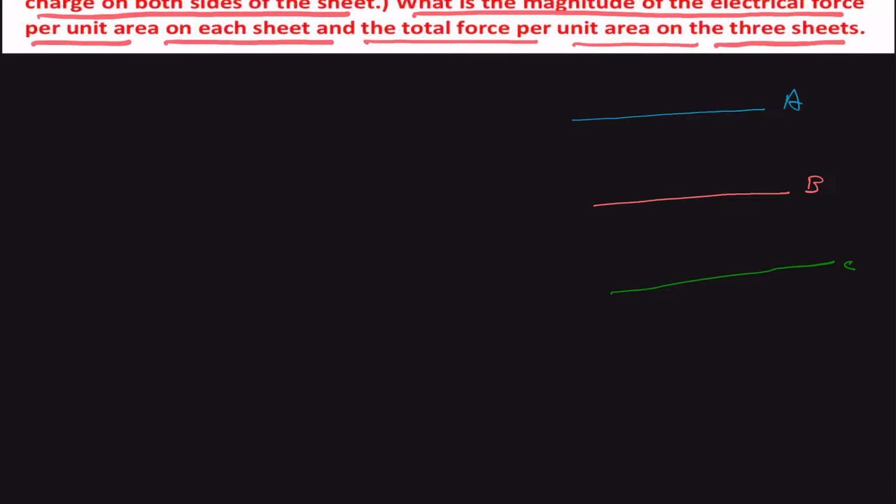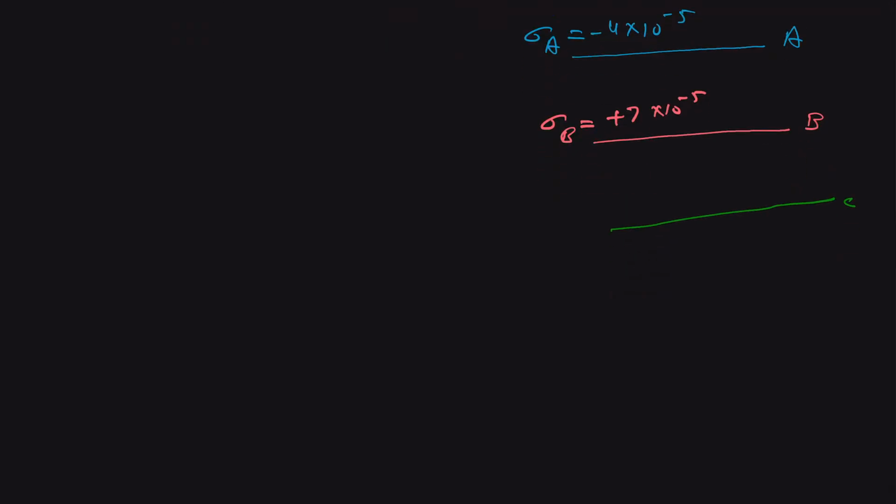A has a charge density sigma A, given as -4 into 10 to the power -5. Then we have sheet B, with sigma B equal to +7 into 10 to the power -5. And then we have sheet C, which has -3 into 10 to the power -5.